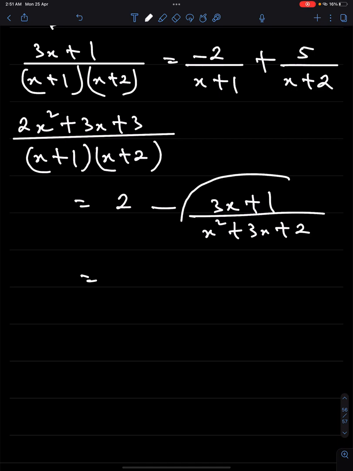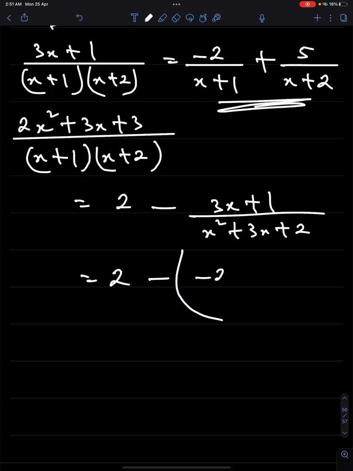So that means it is 2 minus, I want to put that in bracket, minus 2 over x plus 1 plus 5 over x plus 2.